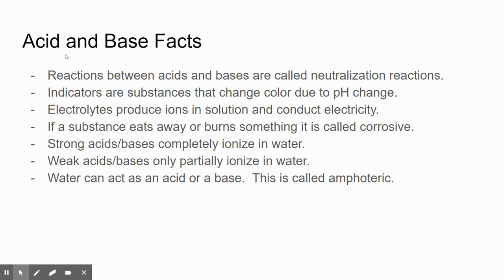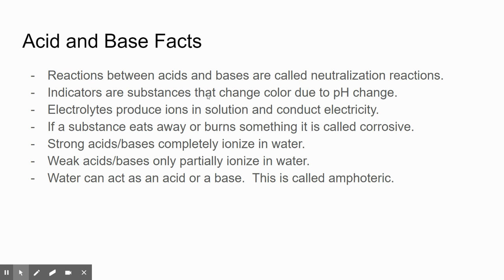So some facts here. Reactions between acids and bases are called neutralization reactions because they neutralize one another. An acid plus a base gives us water and a salt. Indicators can be solutions or paper.